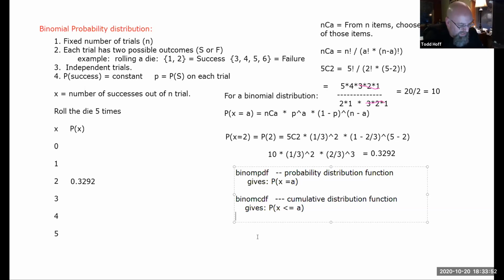Let's do some examples here. I'm going to go over to the next page. So we still have a binomial experiment with n equals 5 trials, and p, the probability of success, equals 1/3. Find the probability of getting 3 successes out of those 5 trials.